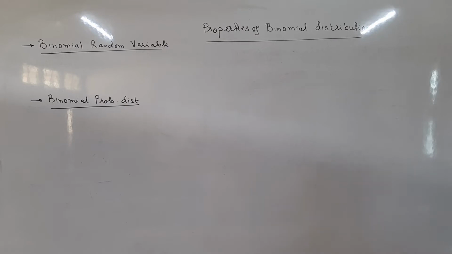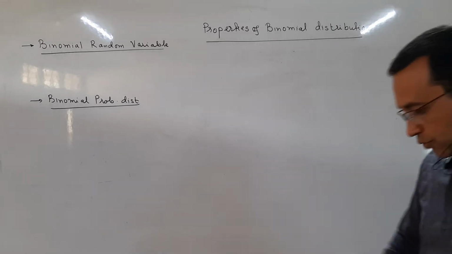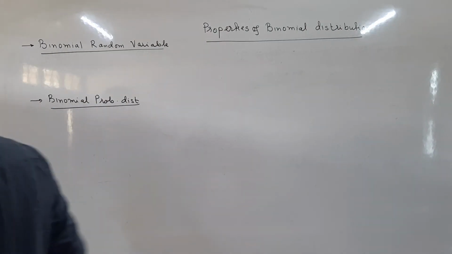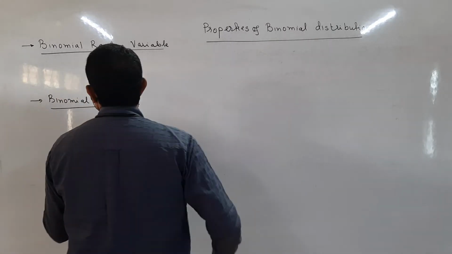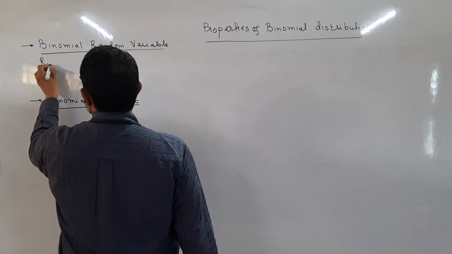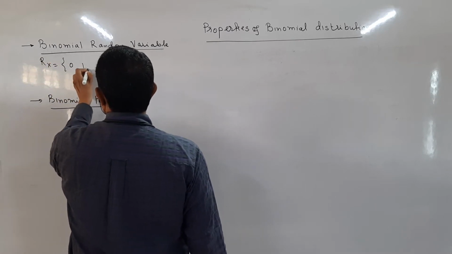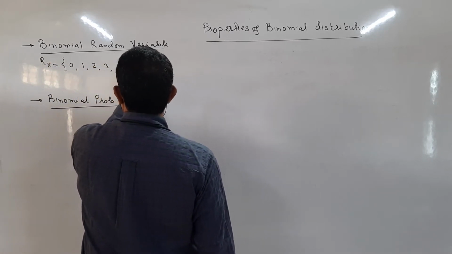A random variable X denoting number of successes in n Bernoulli trials is called a binomial random variable, and its range is 0, 1, 2, 3 up to n.